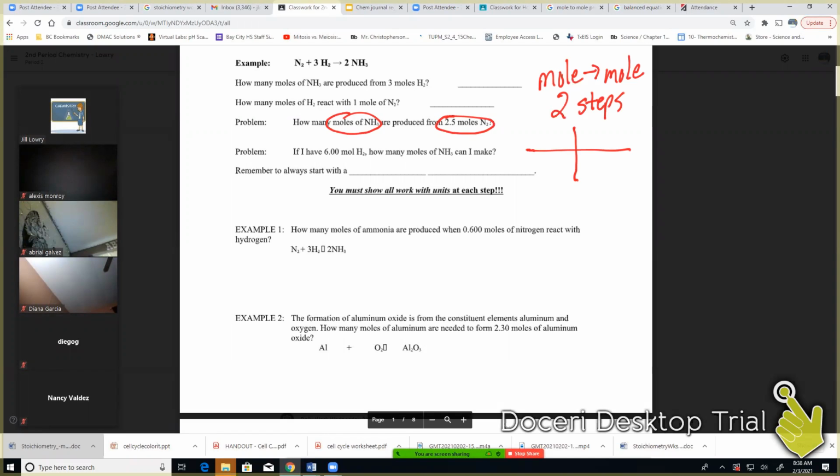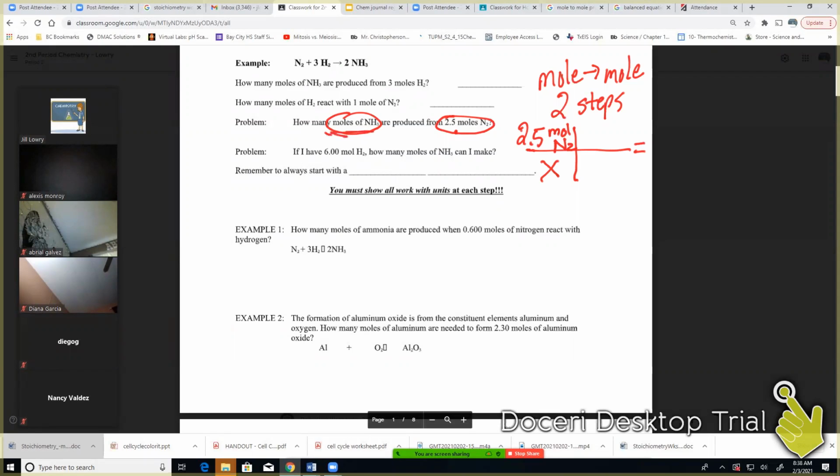Whenever you're doing this, and like I said, it's been a while since we did it, you always start with what you're given. So I'm given 2.5 moles of nitrogen. We're not going to be putting anything in that box right there below the given.